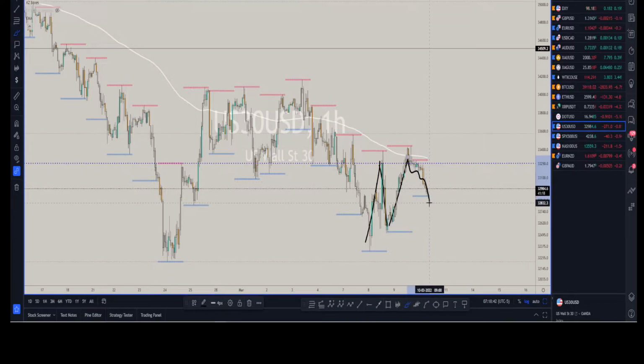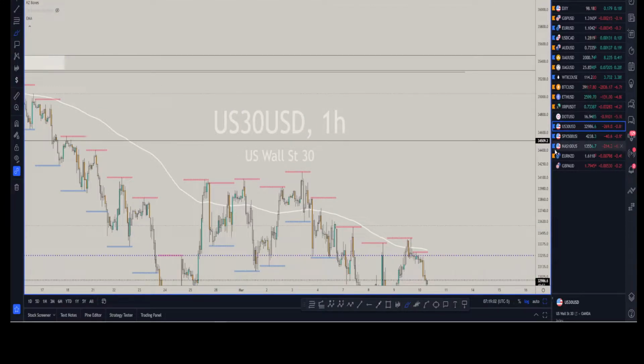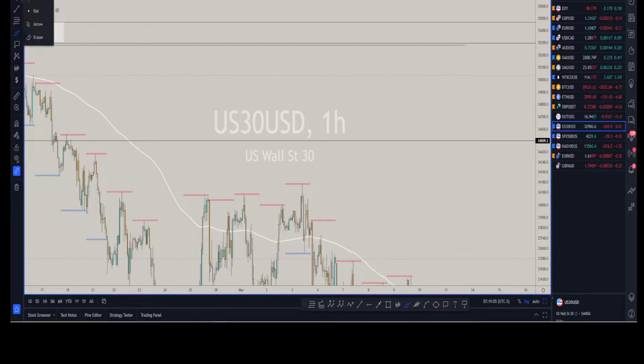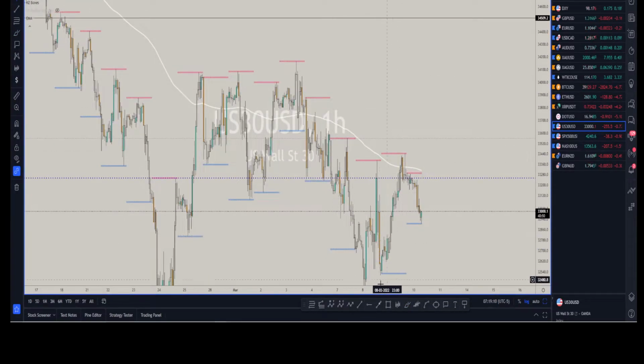Now we're having the slow move, which I took the short from today, London, not on this one, on S&P, and I'm looking towards these areas down here. Now, is it possible to have this? Yes, it is.